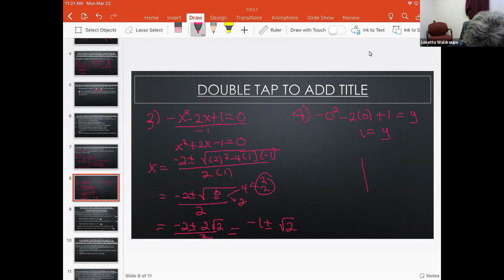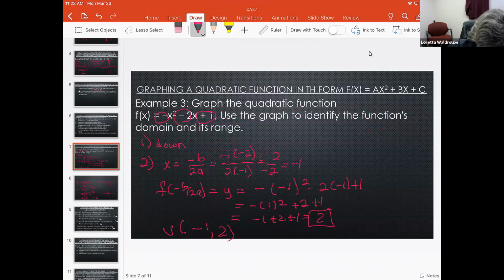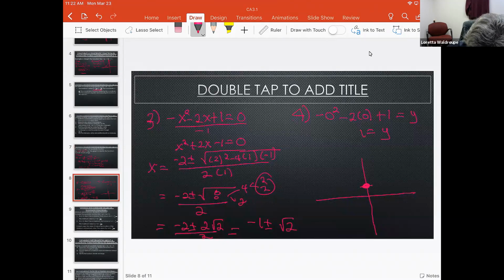So now I'm ready to graph it. Y-axis is 1. The vertex, negative 1, 2. Great. And then your x-intercepts are the negative 1 plus or minus the square root of 2.